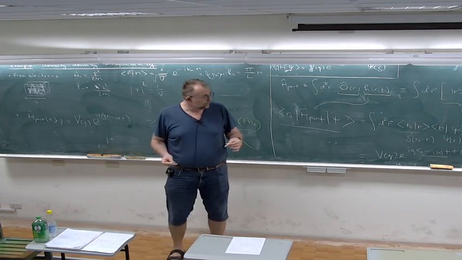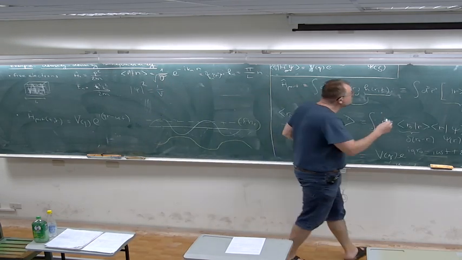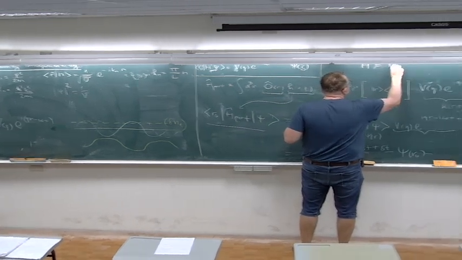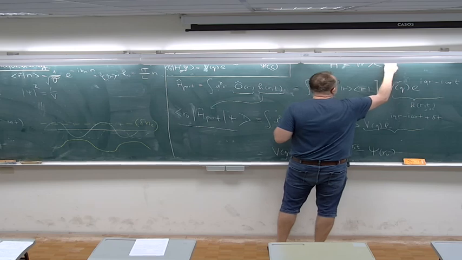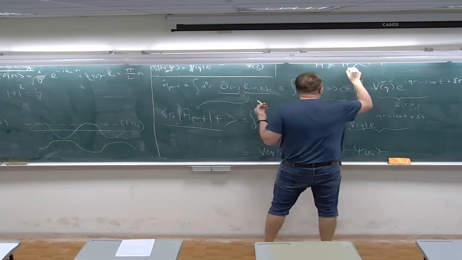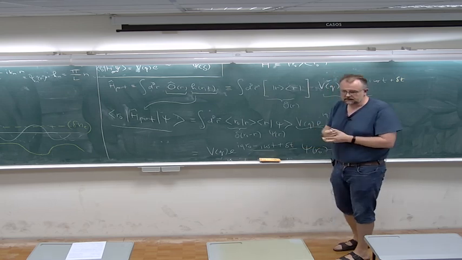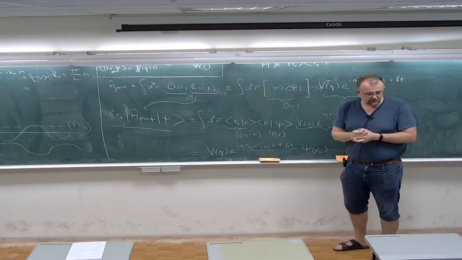Okay? So the observable which we will compute is the density operator. And the density operator is this thing. Let's say I want to compute the density operator at point R0, and then it would be like that. Is it clear that it's a density operator?